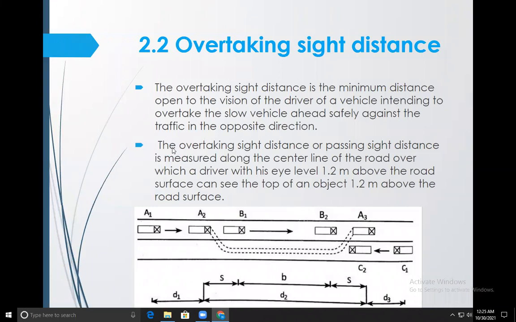So we have to calculate the distance D1 plus D2 plus D3, which gives us the total overtaking sight distance.